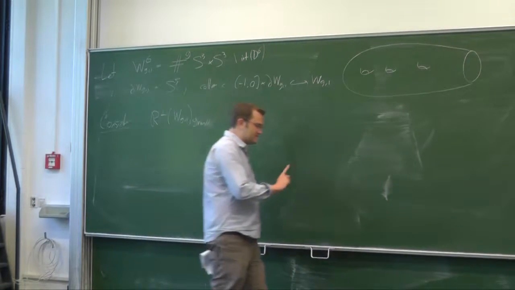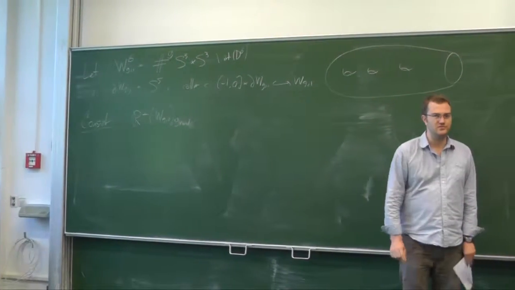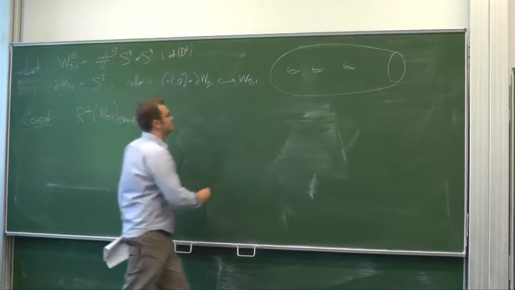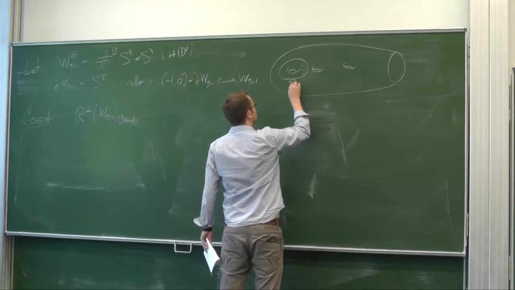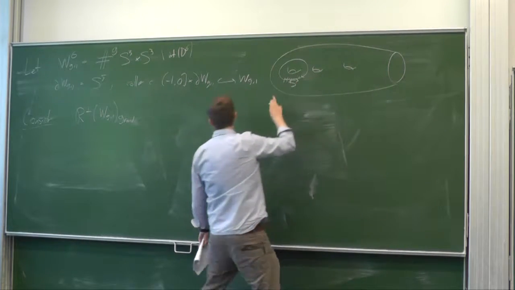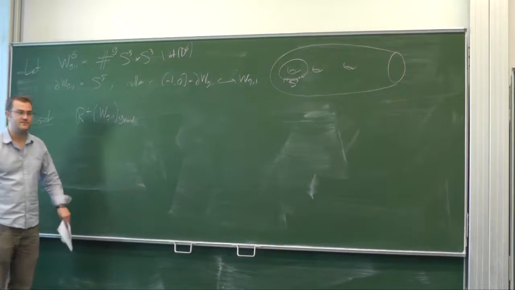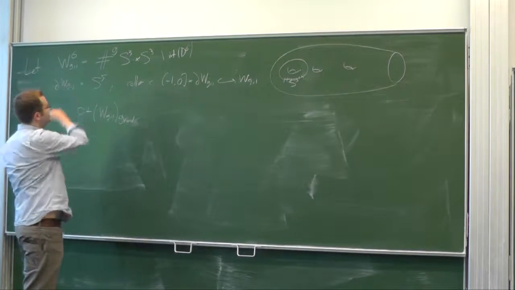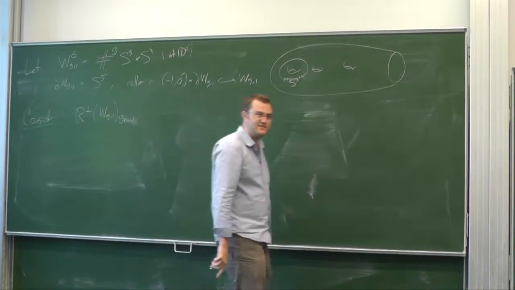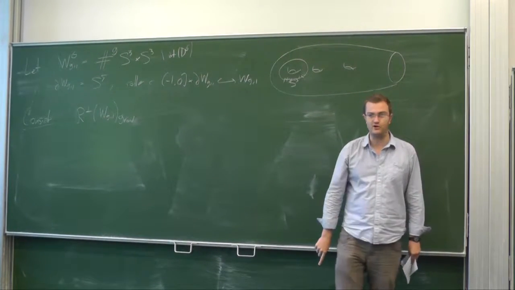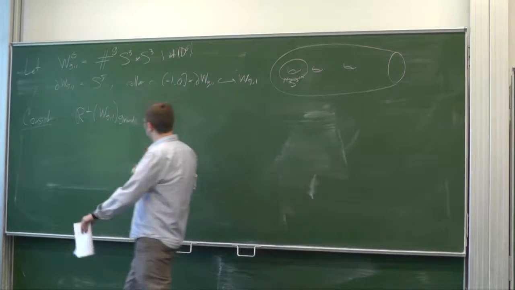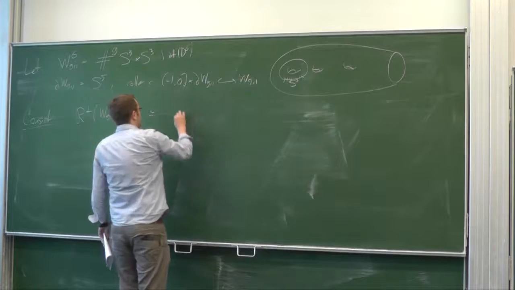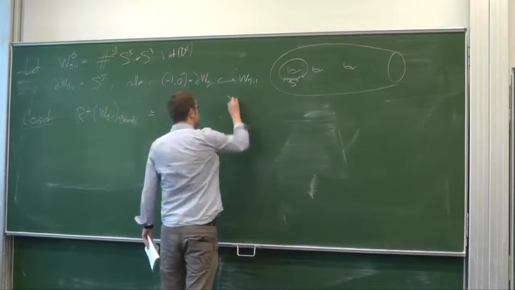We can prove it using this theorem of Schick and Walsh from last time. Because we can take this space and do surgery along one of the standard S^3s inside here. We can in fact do it on g of them. And because the codimension is 3, and 3 satisfies the inequality from last time, which was that the codimension had to be at least 3, we see that this is homotopy equivalent to R^+ of the result of doing that surgery.